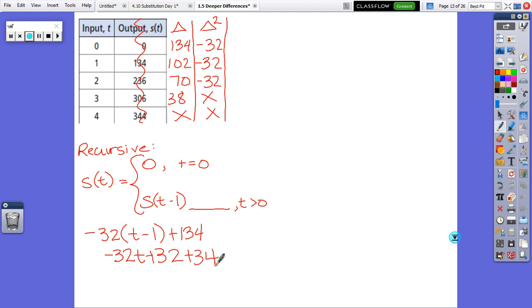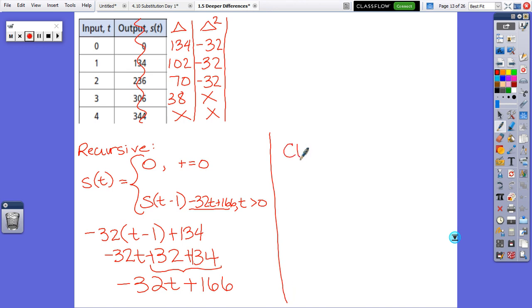So combine our like terms. Negative 32t plus 166 is what's going to go up here. So negative 32t plus 166 when t is greater than 0. There's our recursive.